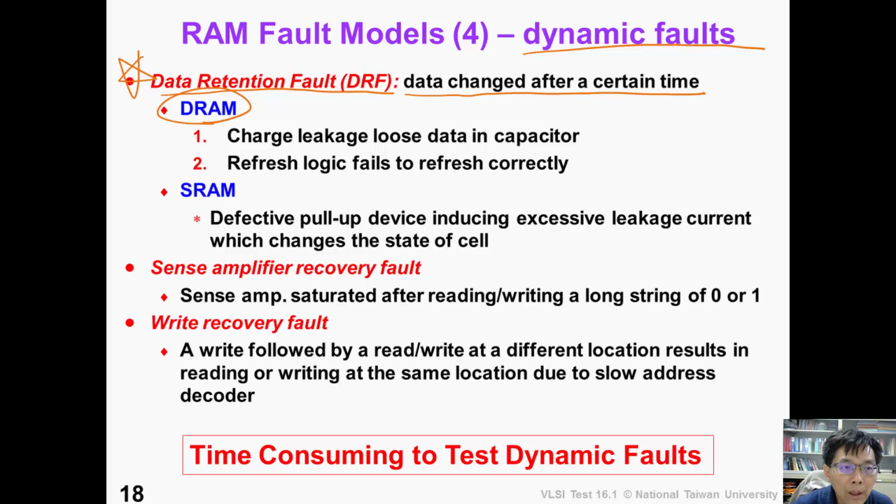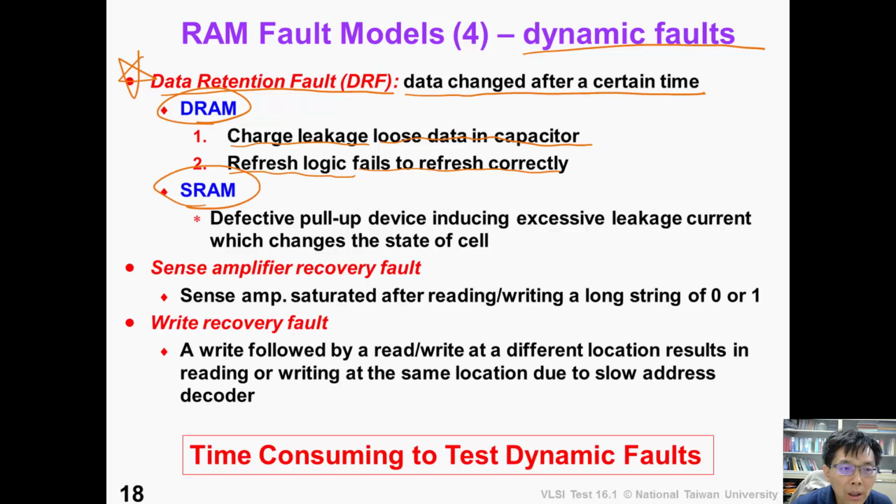For DRAM, it could be caused by charge leakage that loses our data stored in the capacitor. Or the number 2 reason, the refresh logic fails to refresh correctly, so the data is lost.